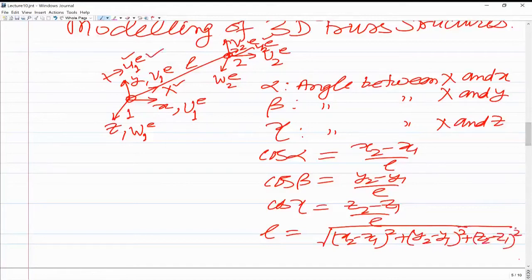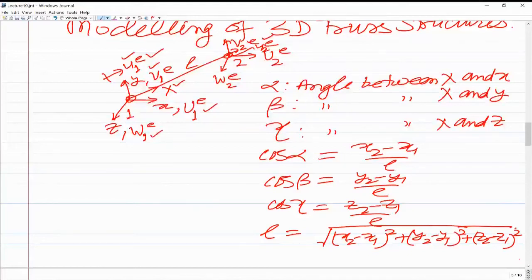You will have to take the component of capital U1e, of capital V1e, and of capital W1e along the capital X direction.